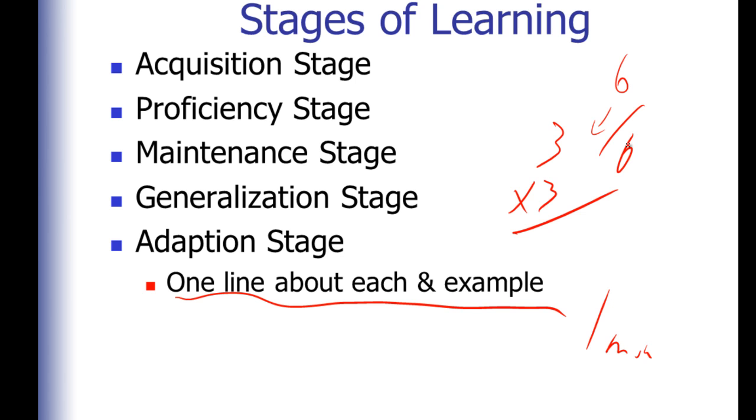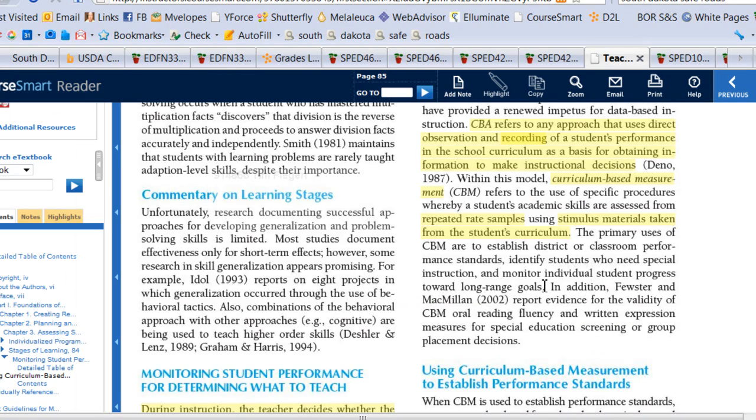This is why we look at rate, because for mastery you have to be able to have a certain rate, and sometimes that's only established by comparing this student to peers. So that is rate samples.